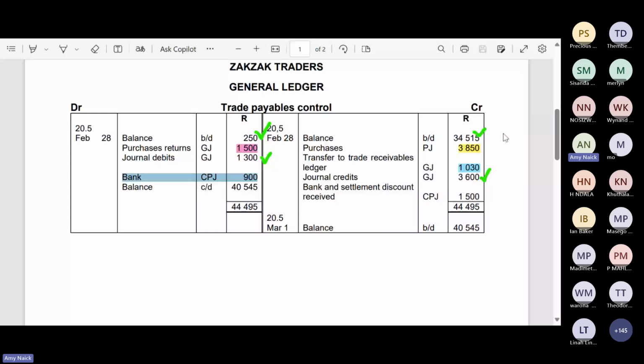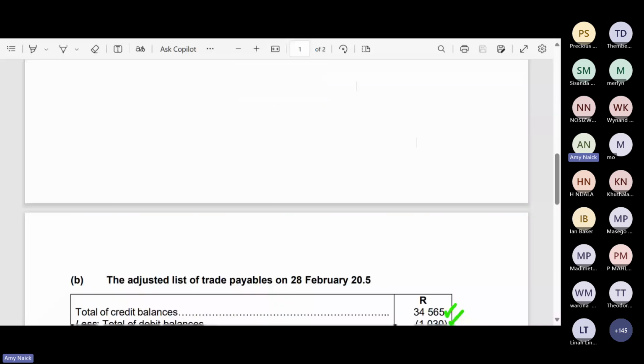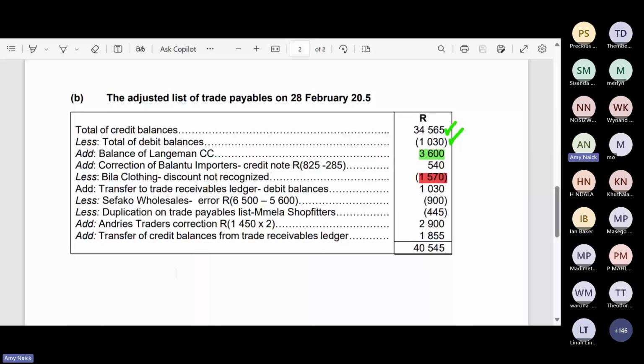The 900 is the difference between the 6,500 and the 5,600. If you think back to the question, they said this was incorrect in the ledger and in the listing, which means you need to adjust both the control account and the listing. So you'll see it coming through here. They are reducing the trade payables listing by that additional 900 that was missing due to the supplier payment.